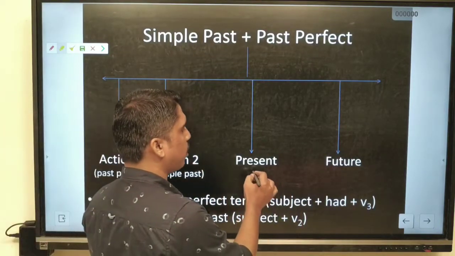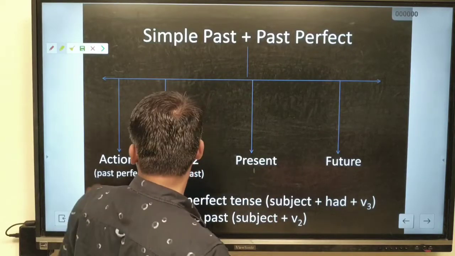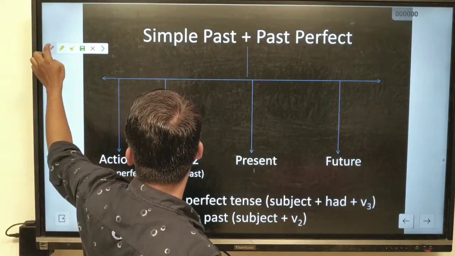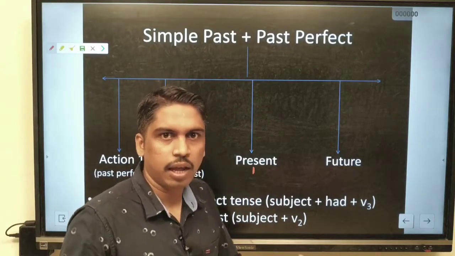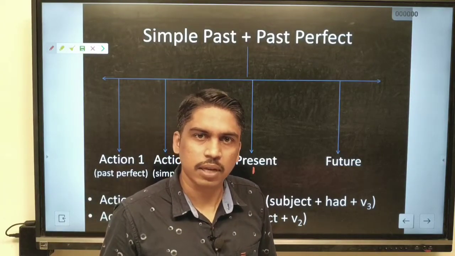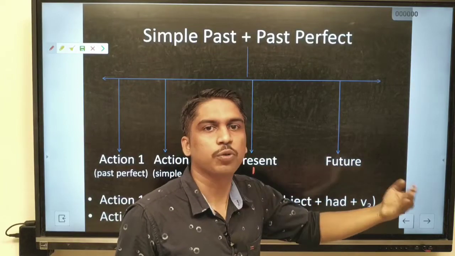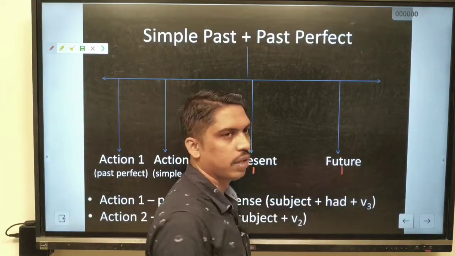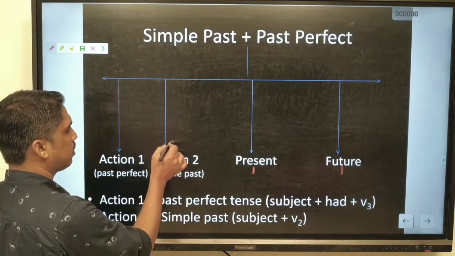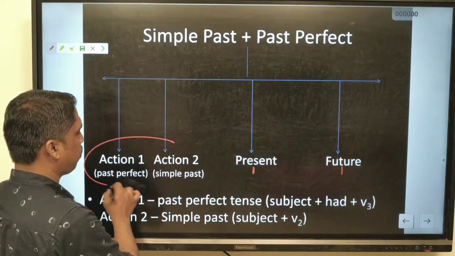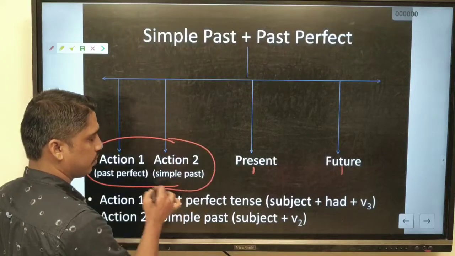Here, this is our time. Now we are in the present tense. Today is the present. Okay. And future. Tomorrow is the future. And what is the past? Yesterday is the past. So both of them are in past.